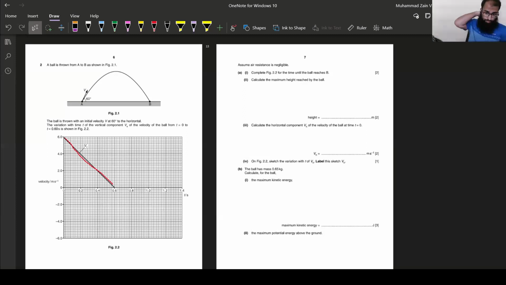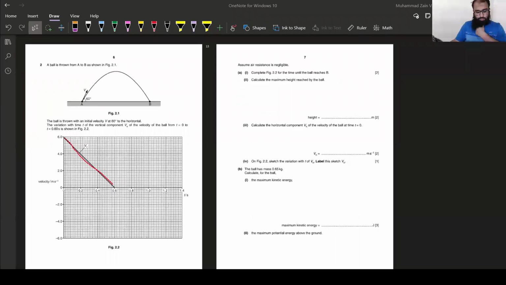Anyone? What would this gradient represent? Yes, the gradient represents acceleration, and specifically the deceleration.